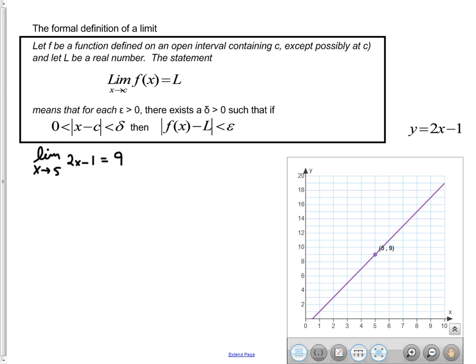So we're going to verify this statement is true using this definition. We're using the bottom part of this definition. I'm going to start backwards.